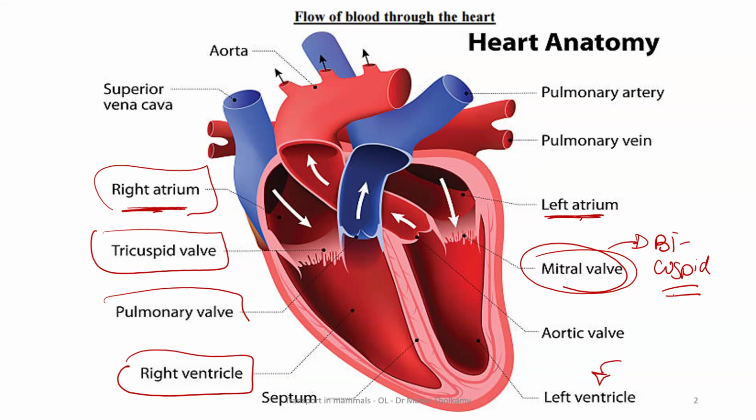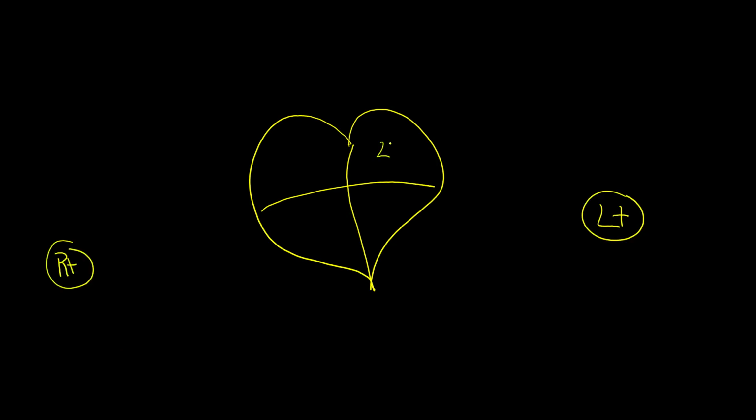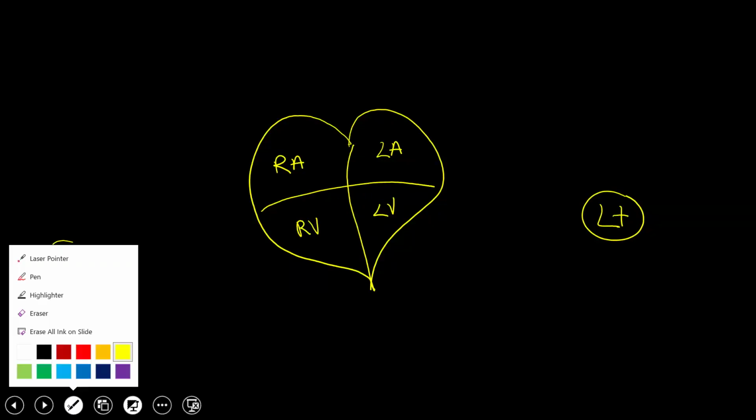Okay, I have two other valves that I will mention in a minute. Okay, going back to the drawing that I am going to use while I'm studying. I said I will draw the heart. This is the fourth time I do it. I will divide it into 4 chambers. I will identify the left side of the heart and the right side of the heart. I will identify the left atrium, the left ventricle, the right atrium, and the right ventricle. I will use a different color.